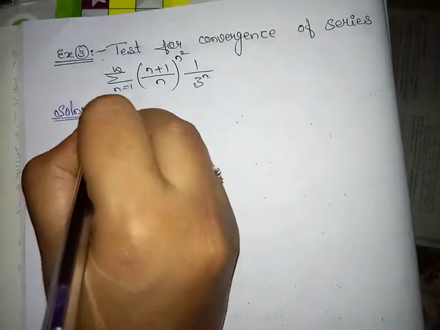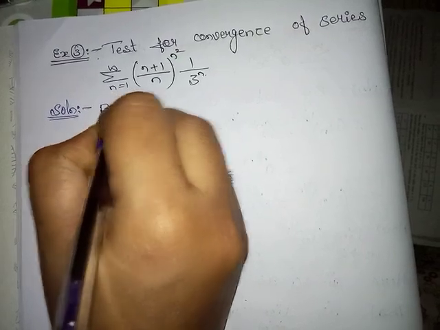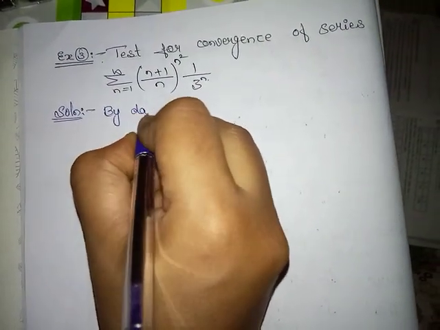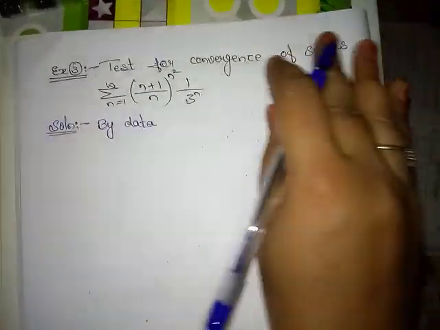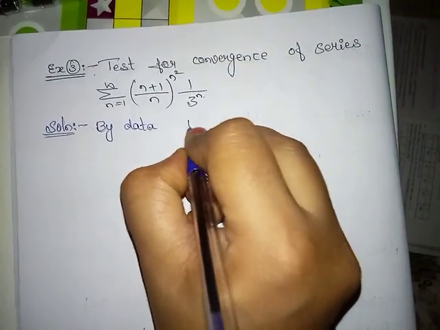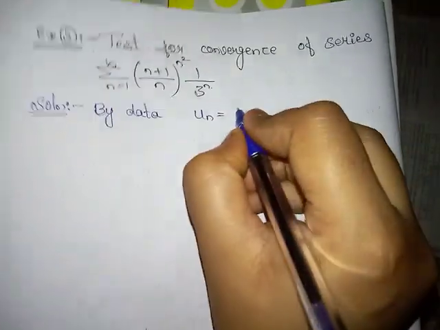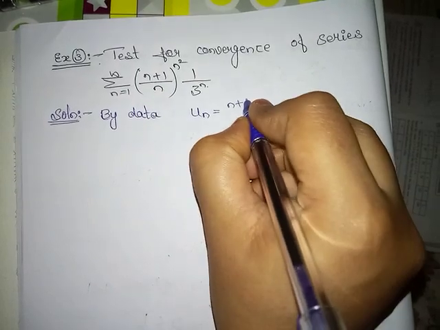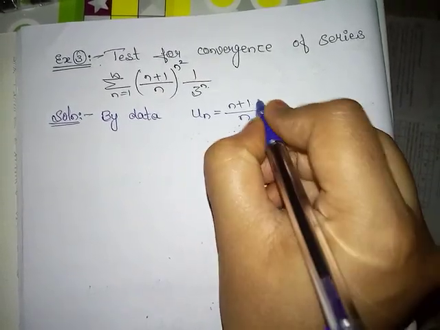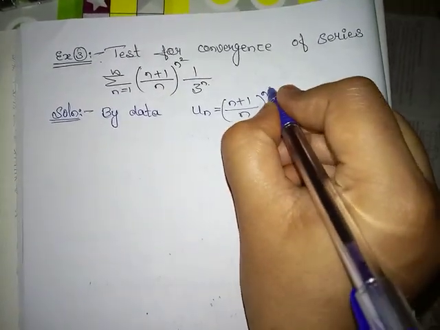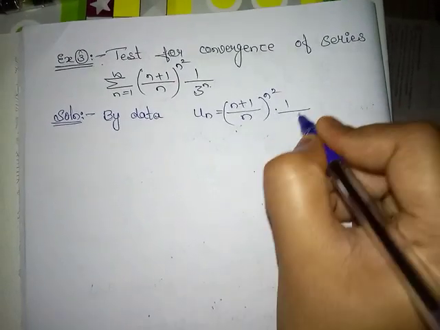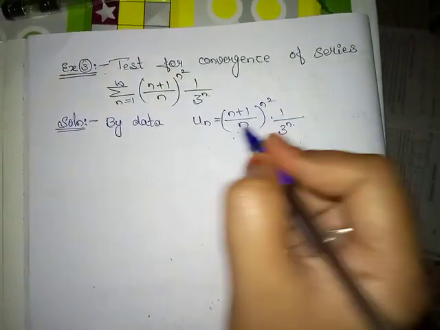By data, solve same as the previous examples. Here un is given, that is un is equal to n plus 1 divided by n whole raised to n square into 1 divided by 3 raised to n.